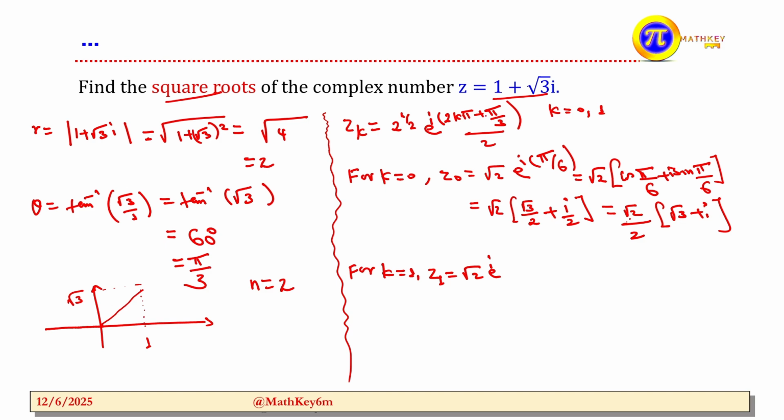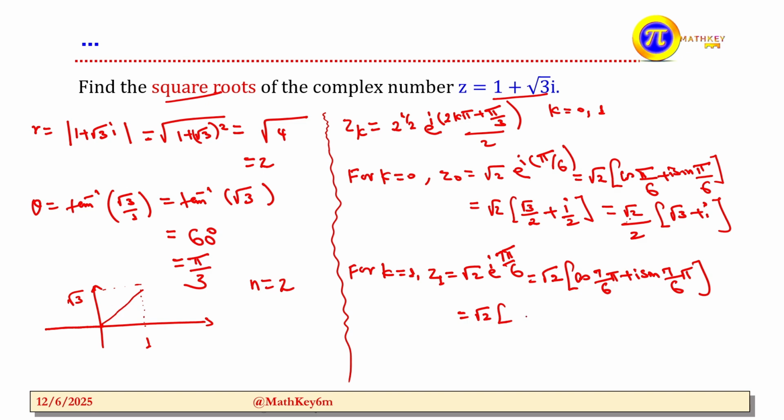This is 6 pi plus pi, that is 7 pi over 3. 7 pi over 3 divided by 2 is 7 pi over 6, which is equal to root 2 into cos of 7 pi over 6 plus i sine of 7 pi over 6. Since 7 pi over 6 lies in the third quadrant, both sine and cosine are negative, which is equal to the square root of 2 into the equivalent of 30 degrees.